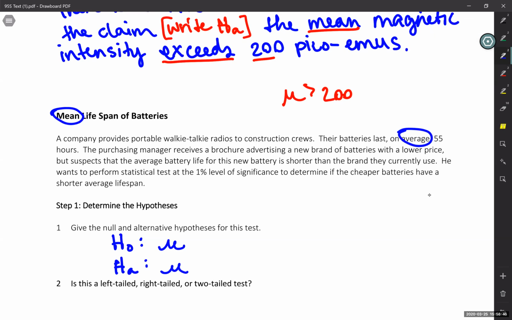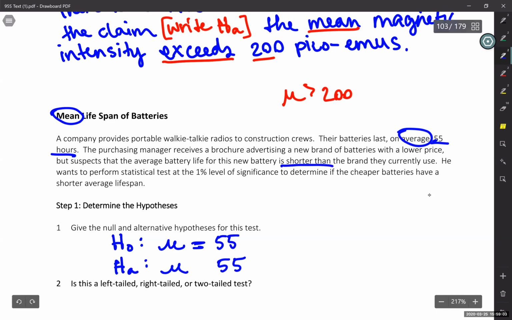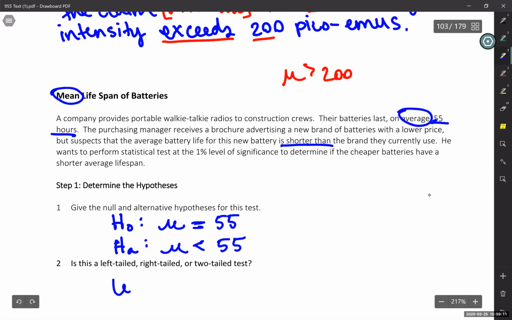And then we're comparing it to 55 hours. That's what the null is. The null is 55. And then the claim that we're testing is that the new battery is shorter than the brand they currently use. So that would be less than. Since it's less than, it is a left-tailed test.